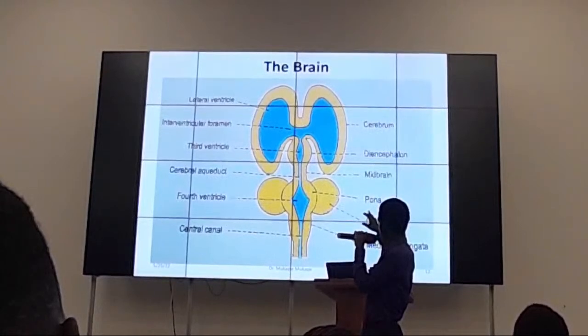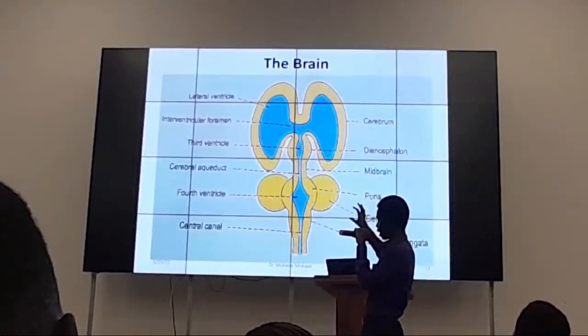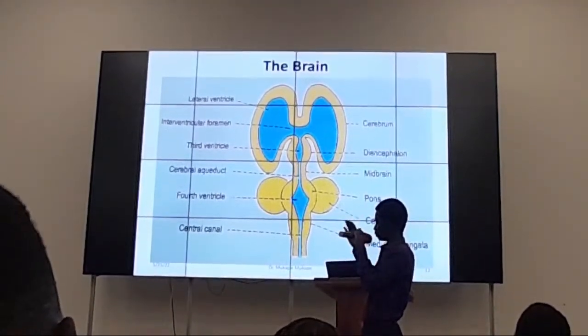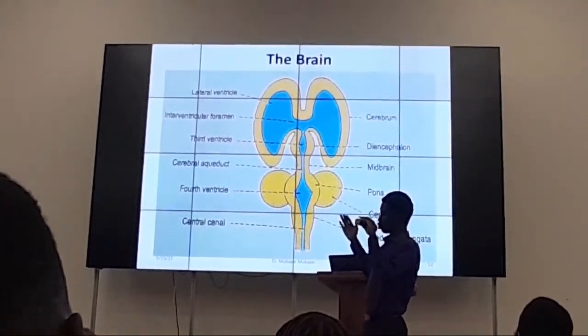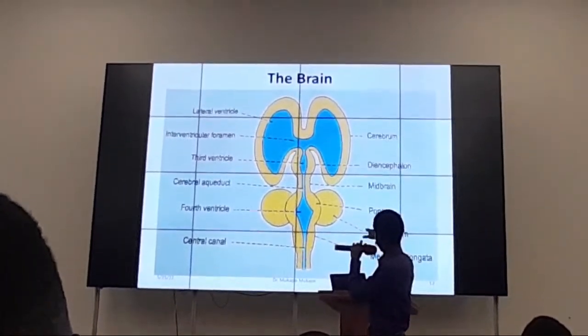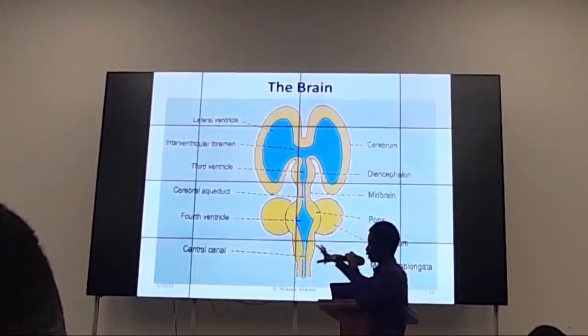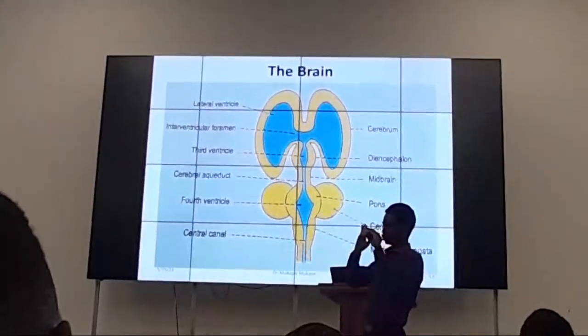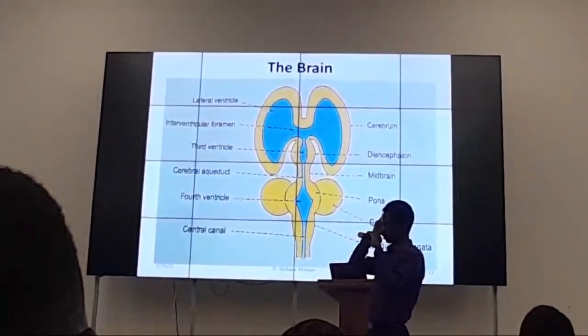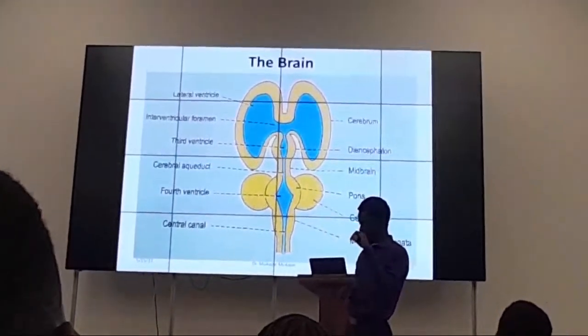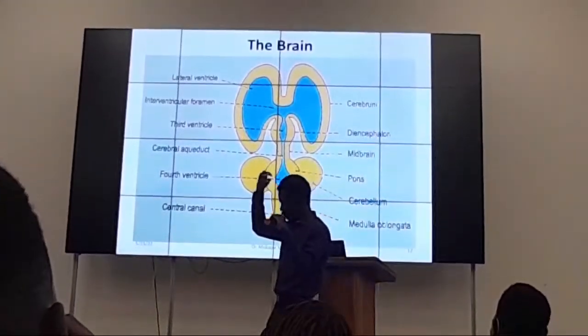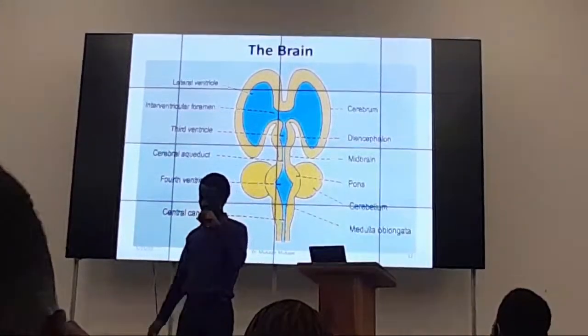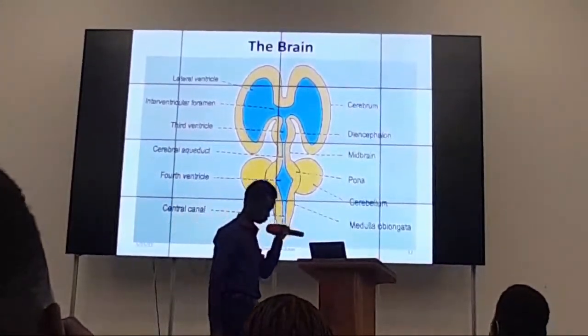And because of that dilatation of the ventricles, they continue pushing the brain matter. The yellow part is the brain matter. So the brain matter will be pushed to the periphery, towards the skull bone. And if it's a child whose fontanelles are not yet closed, we know the fontanelles? Yes.